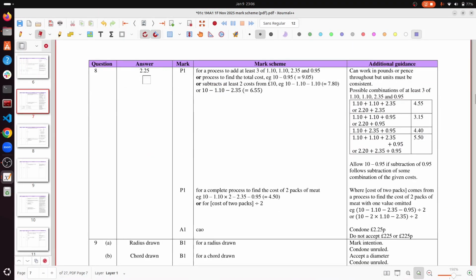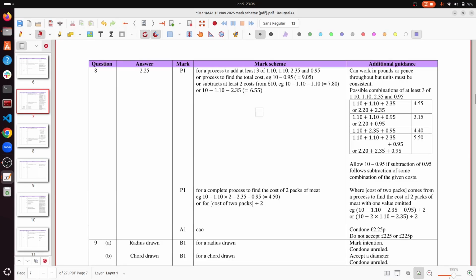So we can see that our answer is correct. And for a process to add at least 3 of 10, £2.35 and £0.95, if you were to add any 3 of them, you get 1 mark. Or a process to find the total cost, so taking away your change to find how much was spent, that gives you 1 mark.